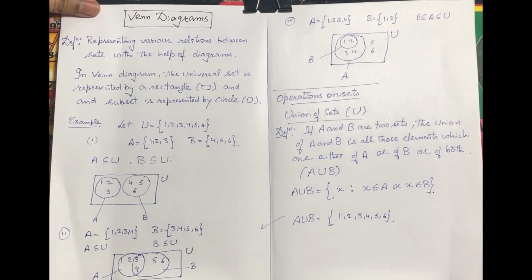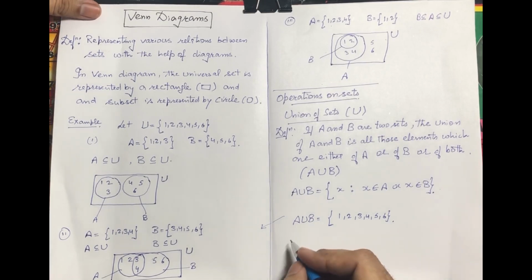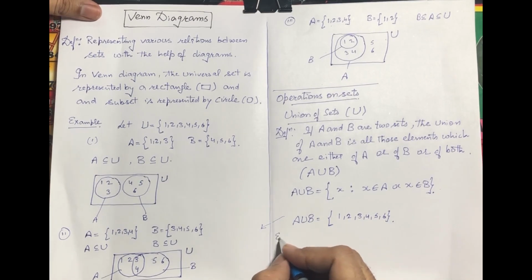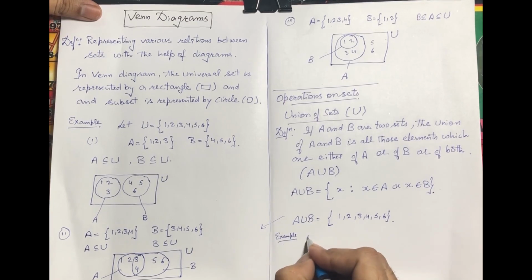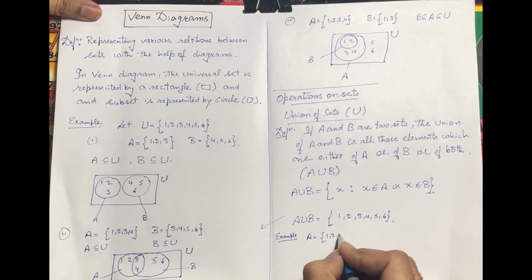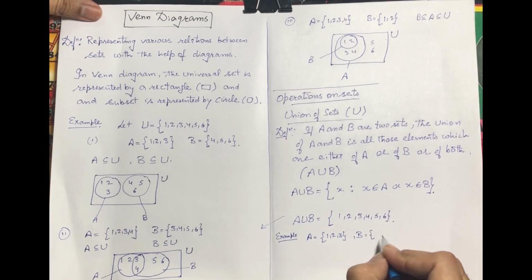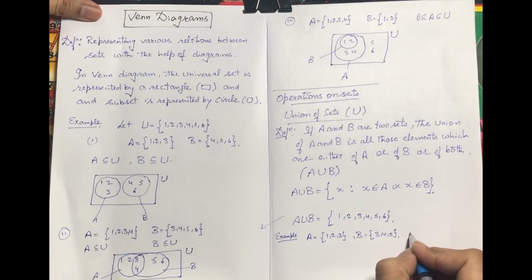So we can have union of more than two sets. Like if we have, for example, A is 1, 2, 3, B is 3, 4, 5, C is 5, 6, 7.